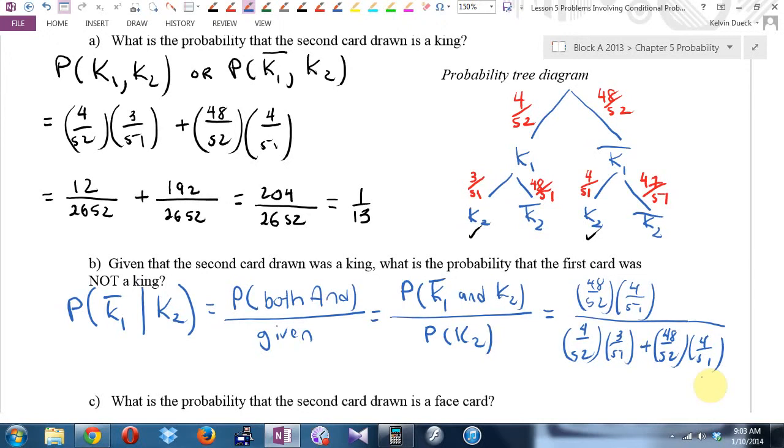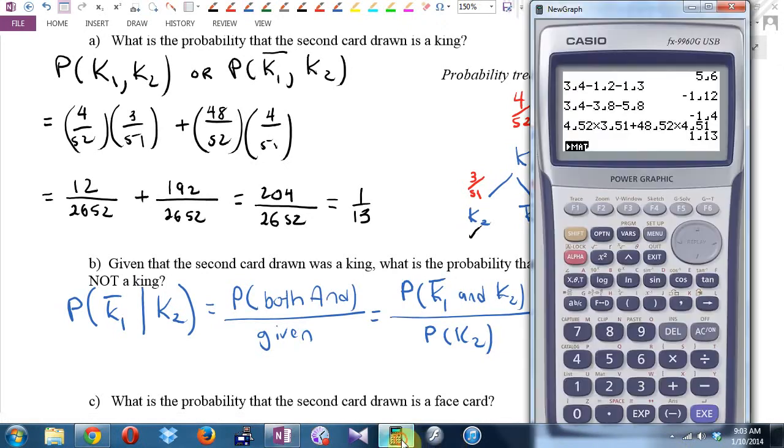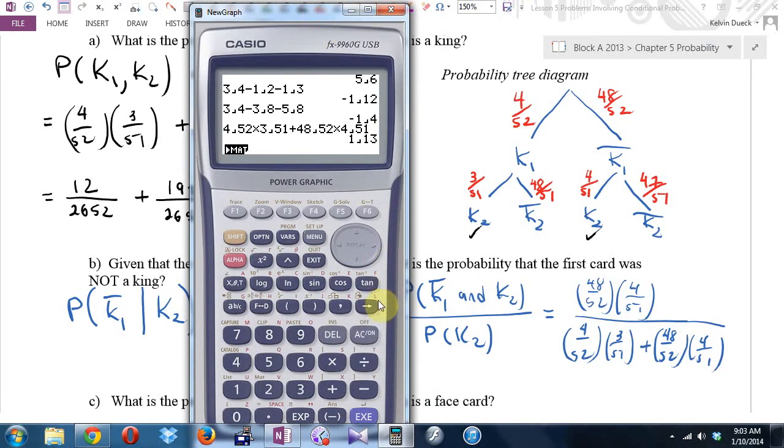Is there more than one fraction on the bottom? Yeah. Is there more than one fraction on the top? Yeah. Get your calculators out, all of you. I think we need brackets. To type this, I think we'll put the top in brackets and we'll put the bottom in brackets. Bracket, 48 out of 52 and 4 out of 51.